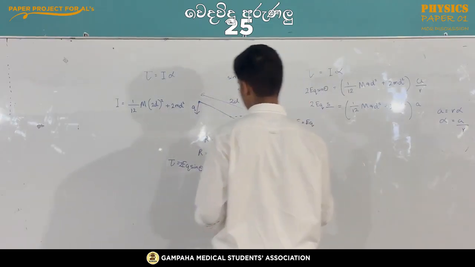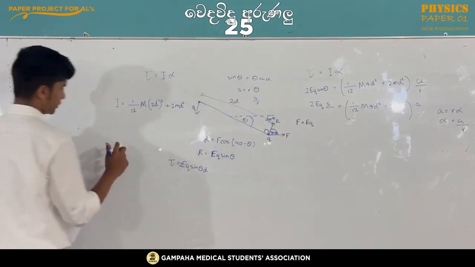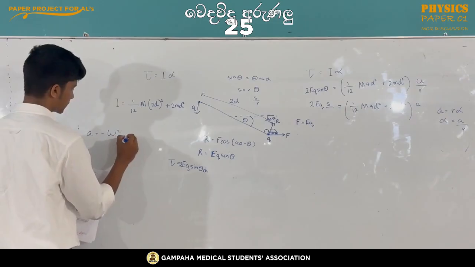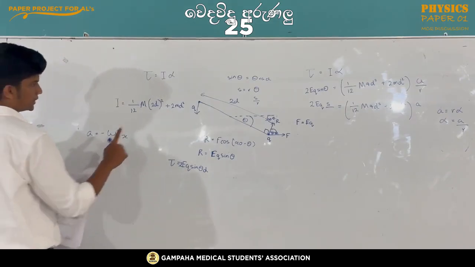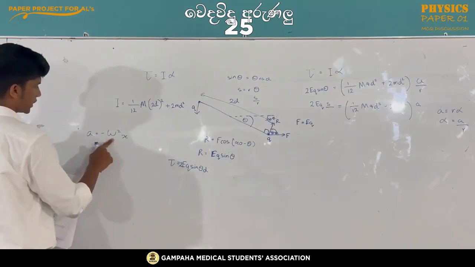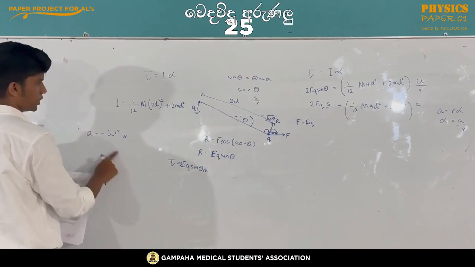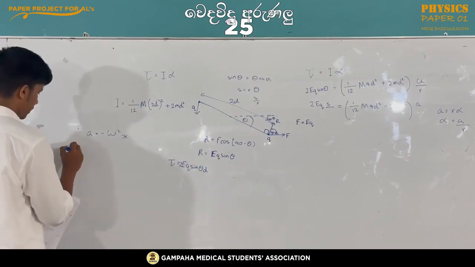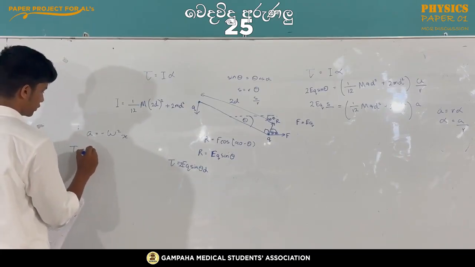So we know the characteristic equation of simple harmonic motion is a equals minus omega squared x. So in here s is equal to x, so then we can substitute x instead of s, and then we can get this equation to show that this is in simple harmonic motion. And thereafter we can find the periodic time, which is equal to 2 pi over omega.